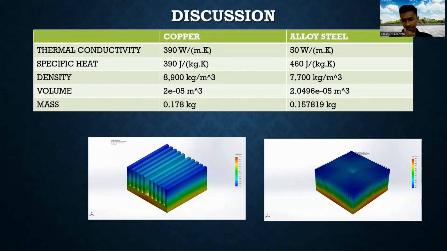While the alloy steel has 50 watts, specific heat capacity of 460 joules, density of 7,700 kilogram per meter cube, volume of 2.0496 power of -5 meter cube, and its mass is 0.157 kilogram. As you can see in the first picture, the copper's thermal conductivity, and the second picture, the alloy steel's thermal conductivity.